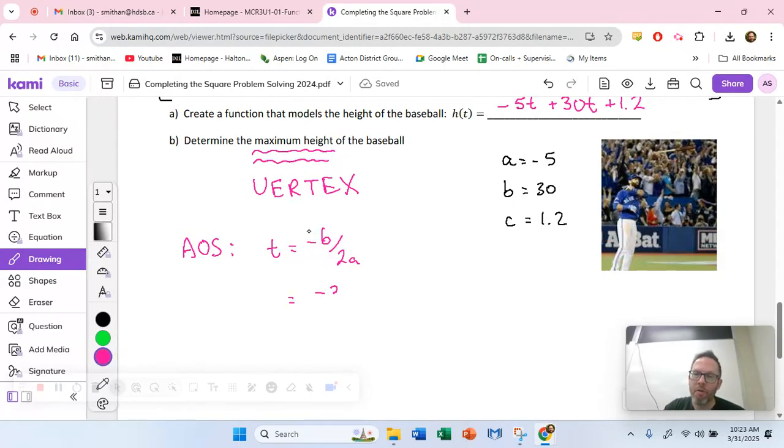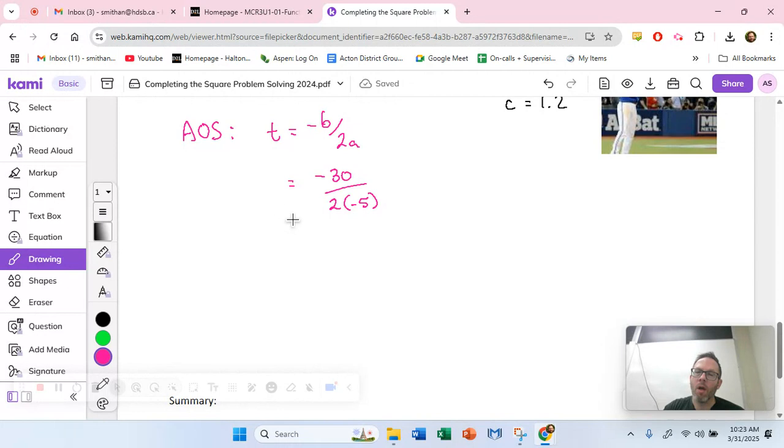So we get negative 30 divided by 2 times negative 5. Now I've cooked these up to work out to nice whole numbers. Not always the case, but we'll take it. Negative 30 over negative 10 is exactly 3 seconds.